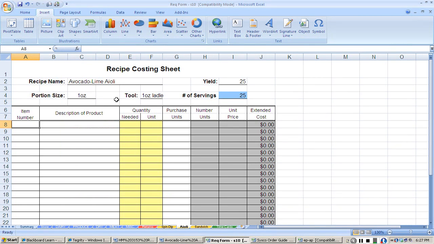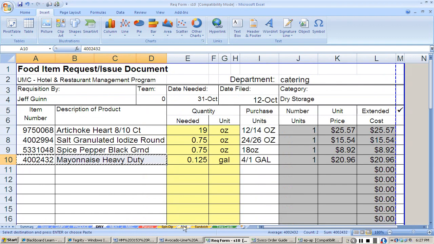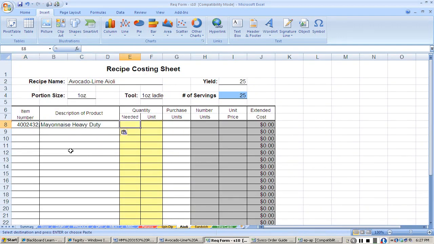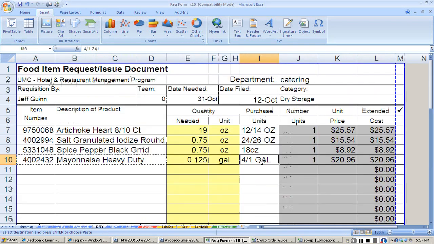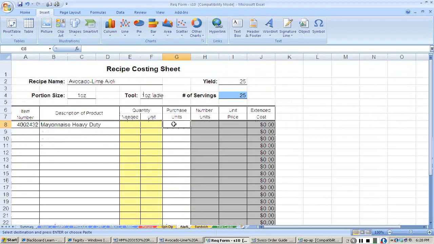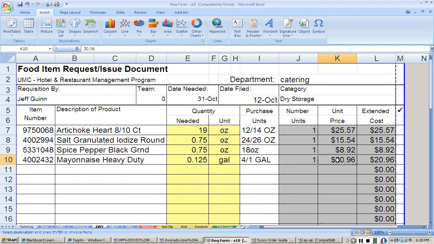So we go into our dry goods. And we needed 0.125 gallons. Unit price was $20.96.